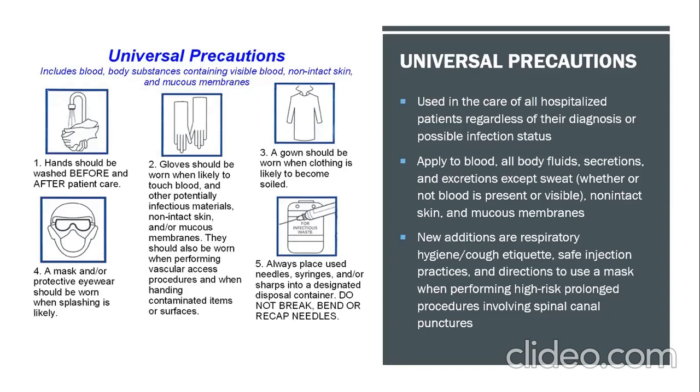So the normal universal precautions before COVID were, it depends on what you're coming in contact with. Use hand hygiene, of course. Use gloves, especially if you're about to do something invasive or you might have the risk of coming in contact with bodily fluids. Gown, if you need it.